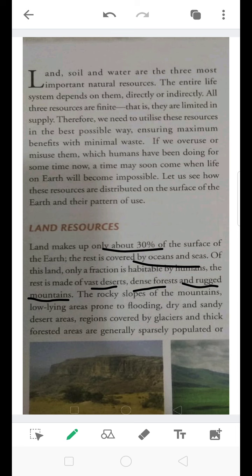The rest is covered by either water or desert area. The rocky slopes of mountains, low-lying areas prone to flooding, dry and sandy desert areas, regions covered by glaciers and thickly forested areas are generally sparsely populated. That means these areas are populated but very sparsely. People usually don't want to go and stay there.